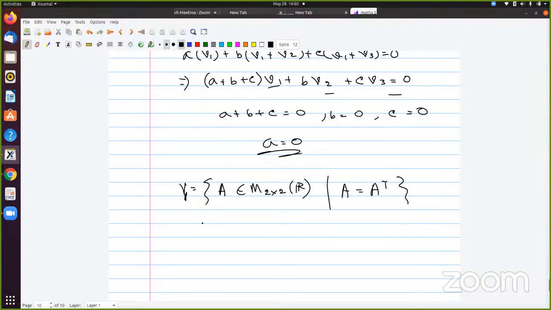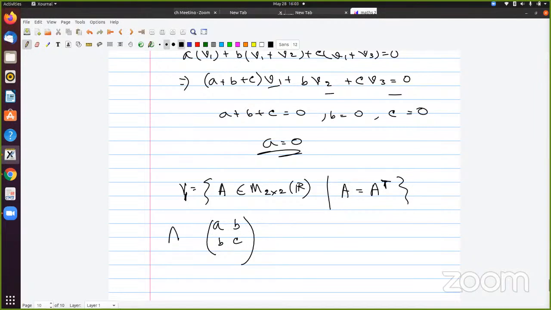A symmetric 2 cross 2 matrix will look like this. A raised to T is the transpose of the matrix.